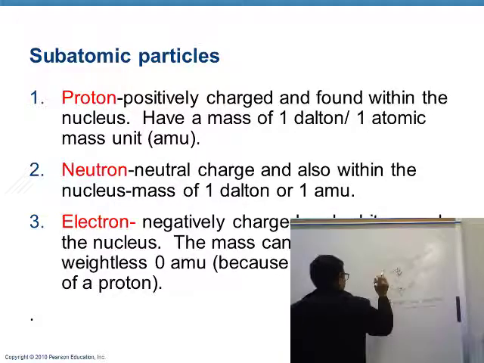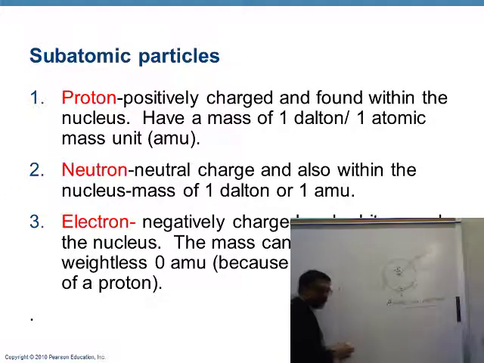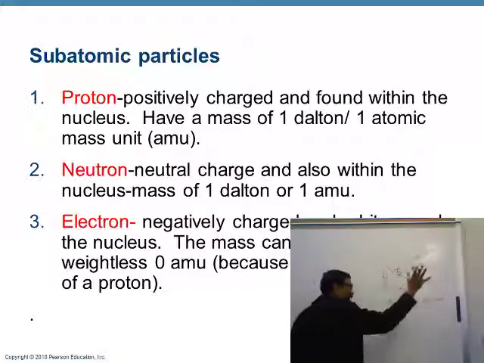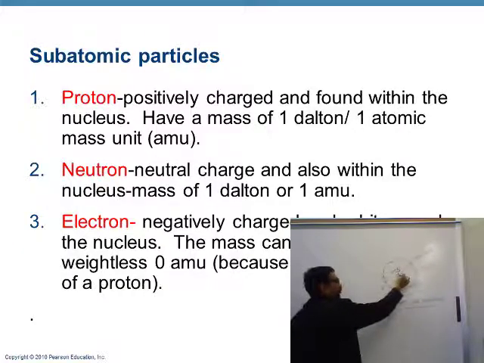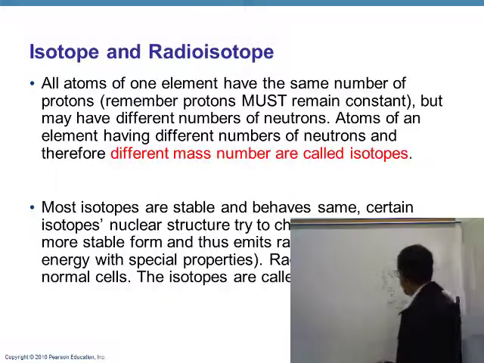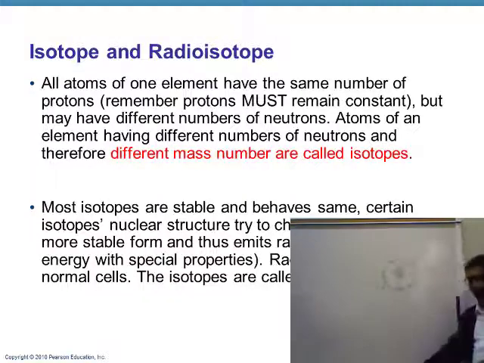Now, if for any reason the number of neutrons increases, for example, this doesn't usually happen, but sometimes that can happen. If one more neutron is added somehow here, then this atom is termed as an isotope.